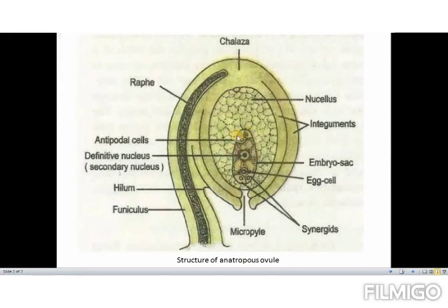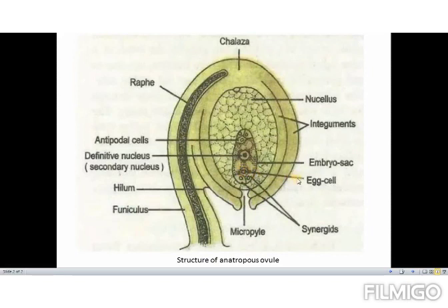The function of the antipodals is that these are accessory cells which degenerate after fertilization. And the synergids show the way for the pollen tube to enter inside.